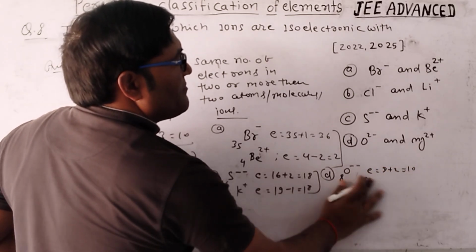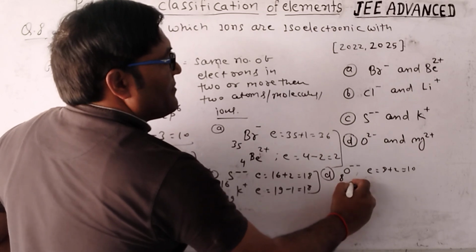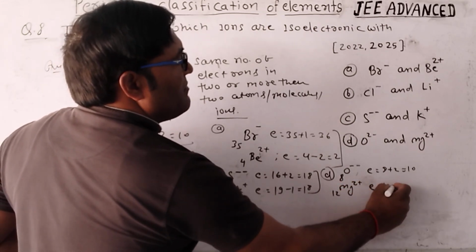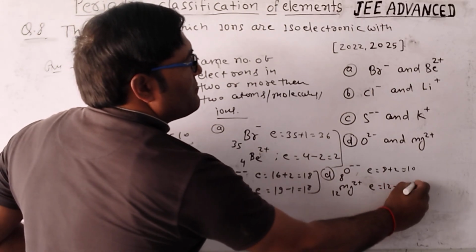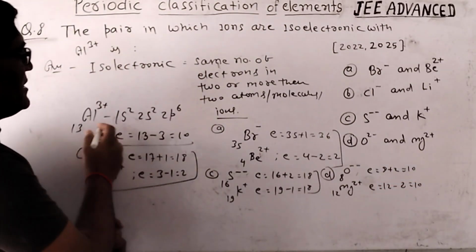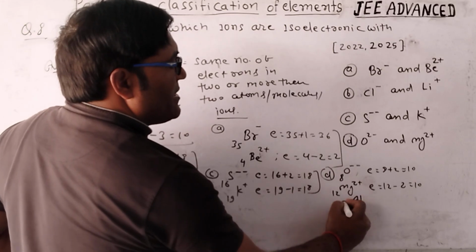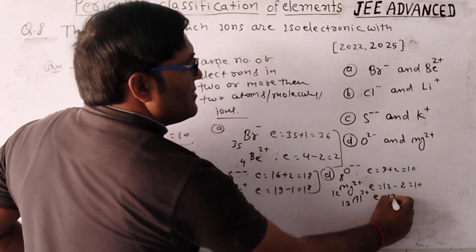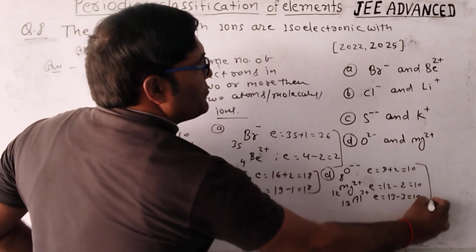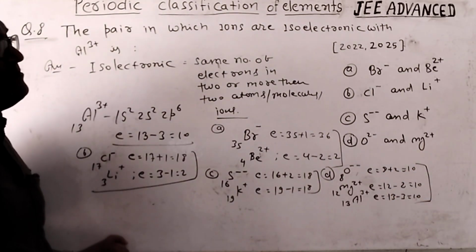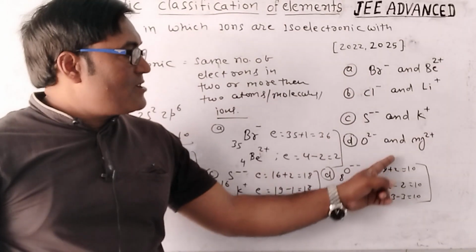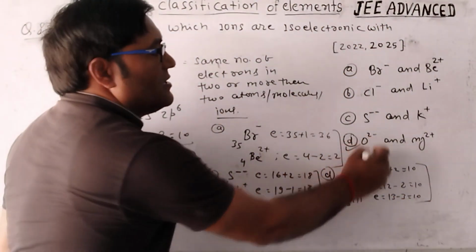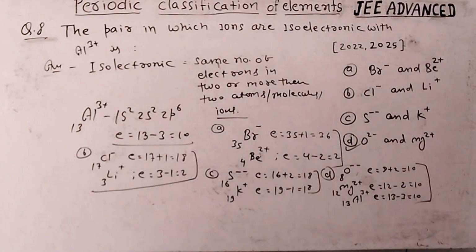In case of magnesium cation, atomic number 12, electrons are 12 minus 2, equal to 10. In case of aluminum cation, atomic number 13, due to the presence of 3 positive charge, electrons are 13 minus 3, equal to 10. So option D is correct, because 10 electrons are present in these 3 ions. You can take a screenshot.